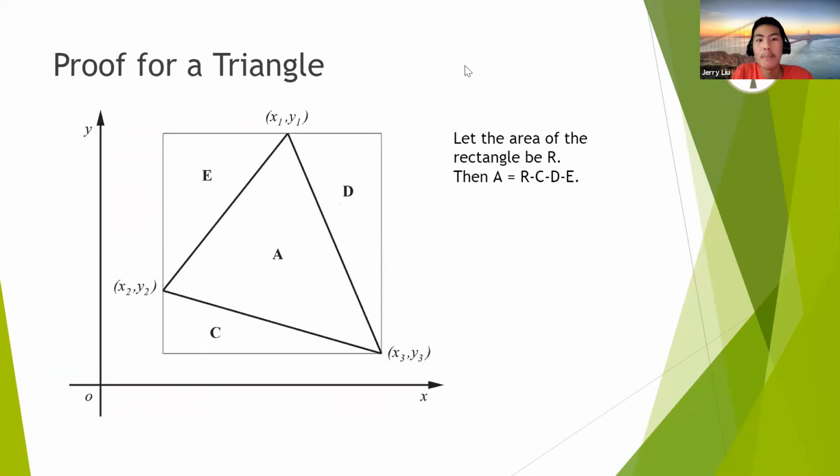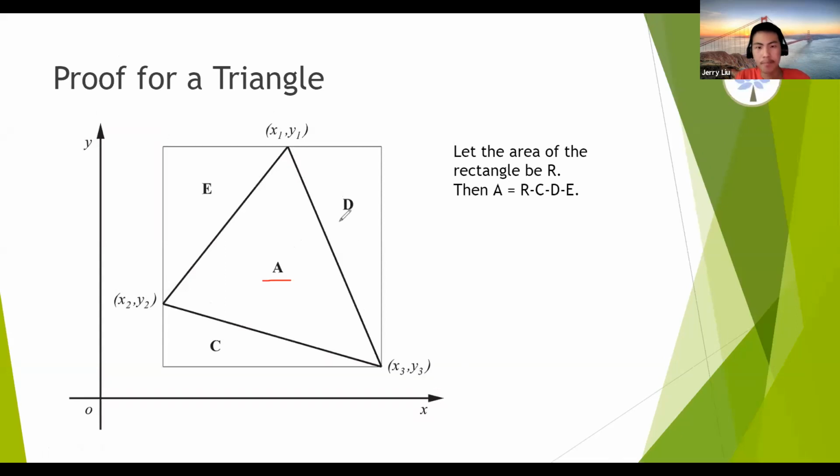Imagine a triangle has 3 vertices, (x1, y1), (x2, y2), and (x3, y3), in a coordinate plane. Let us denote this triangle as triangle A, where A represents the area. We will then construct a rectangle that almost inscribes the triangle.